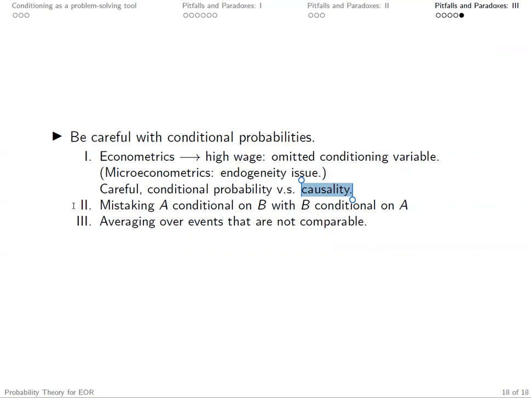The second exercise basically shows that if we mistake the probability of A conditional on B for the probability of B given A, we could draw very wrong conclusions as well. And the third one basically shows that we shouldn't average events that are not comparable. So if we want to compare, we need to be careful when we apply conditional probabilities.